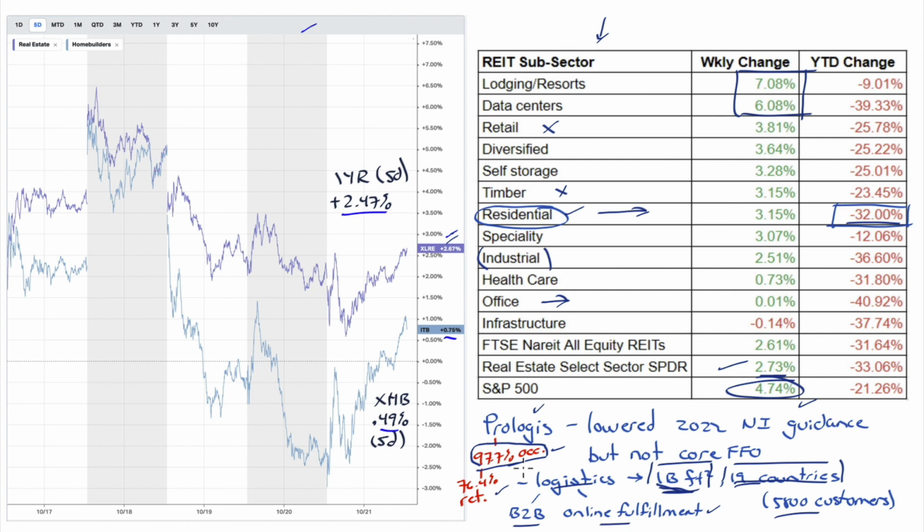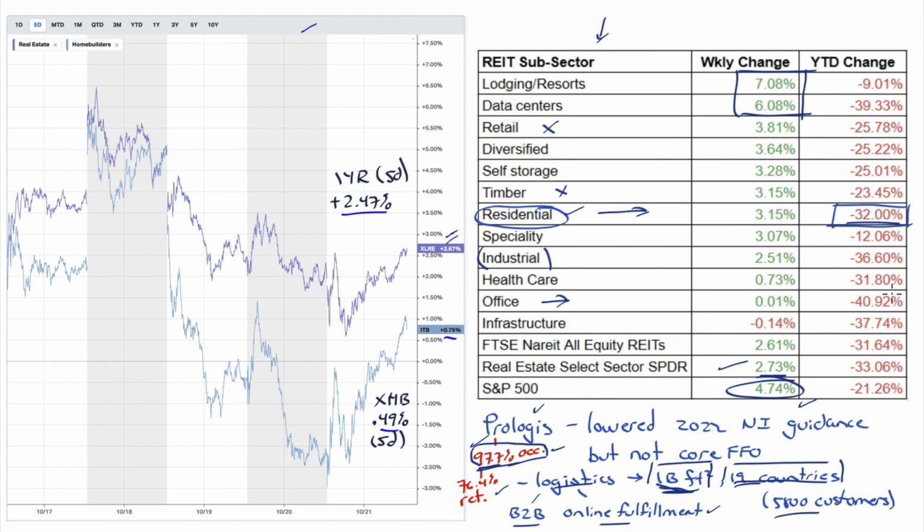So that means you have 23.6% that didn't renew, but they're still 97.7% occupied. Very little space, and this is very common across all the industrial REITs. Almost all of them are at 100% capacity. There is no room at the inn.